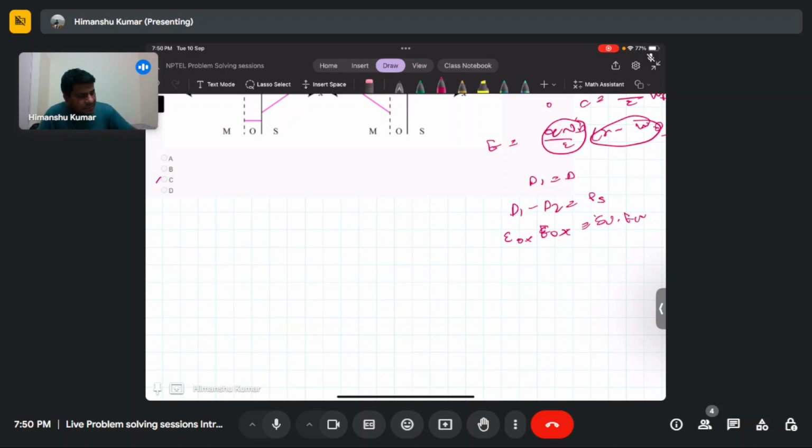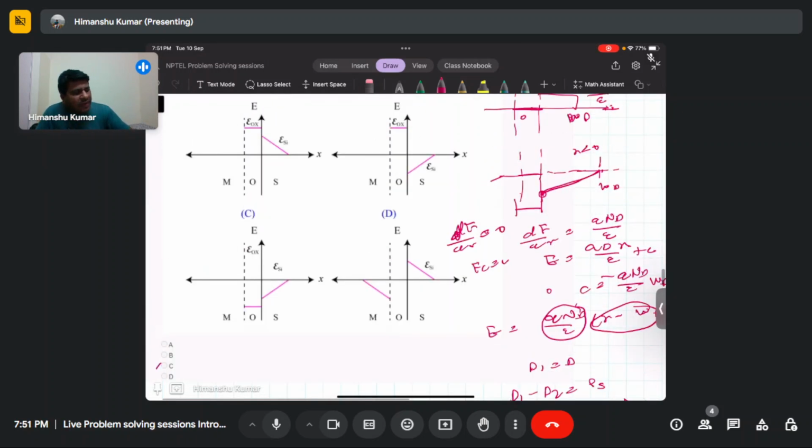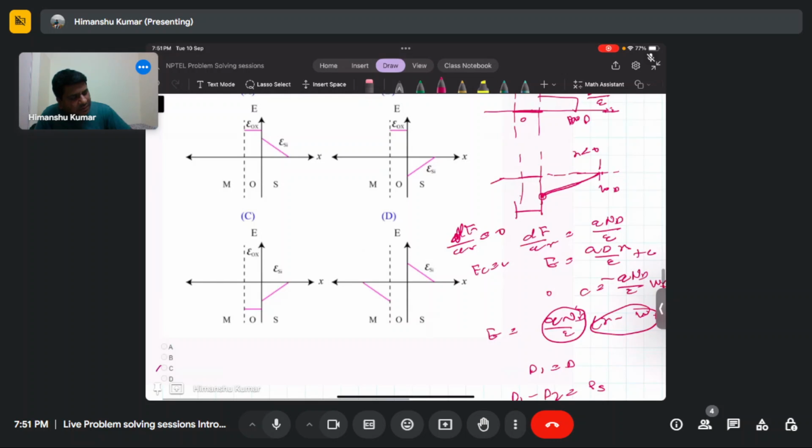Basically E_ox equals epsilon_Si by epsilon_ox times E_Si at the interface. From the interface field value you can draw this, and you will see a sudden jump in the field, and you will see the band diagram like this.